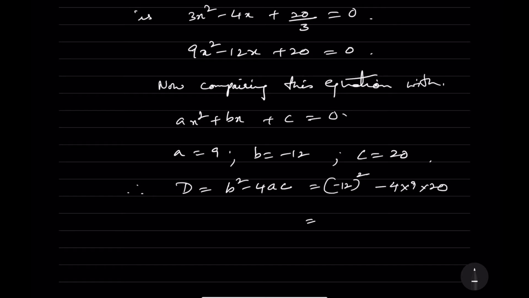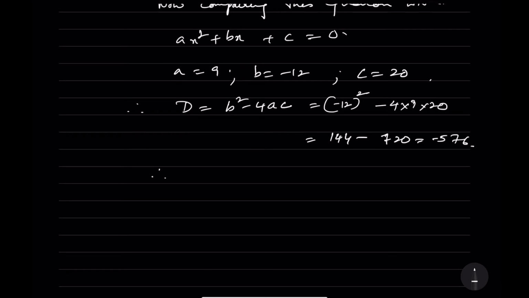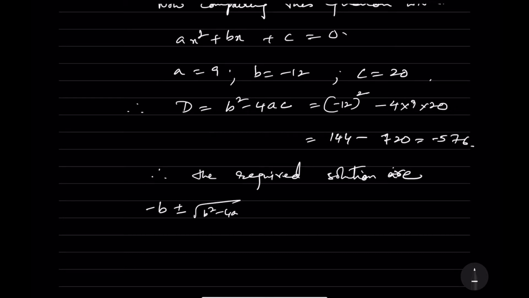So you get 144 minus 720, which is equal to minus 576. Therefore the required solutions are, we'll see, minus b plus or minus root of (b square minus 4ac) by 2a.